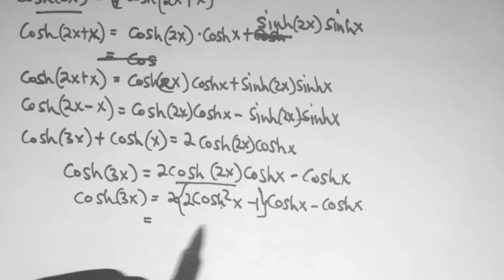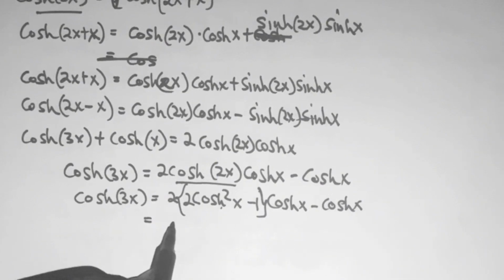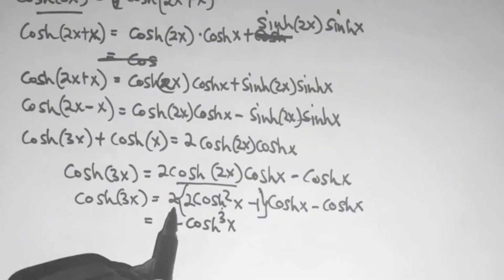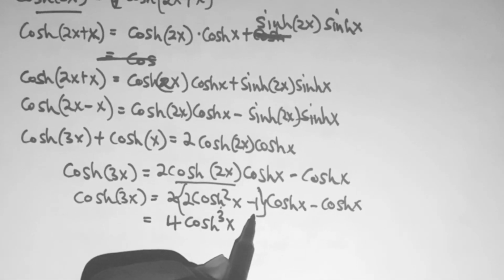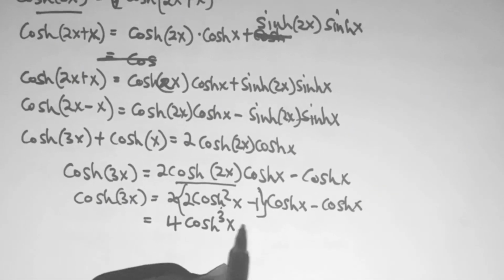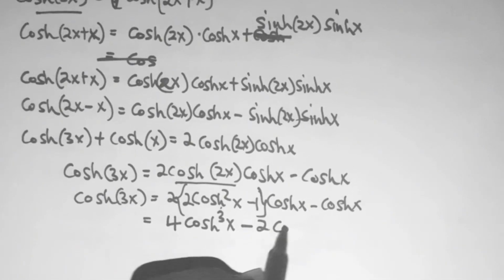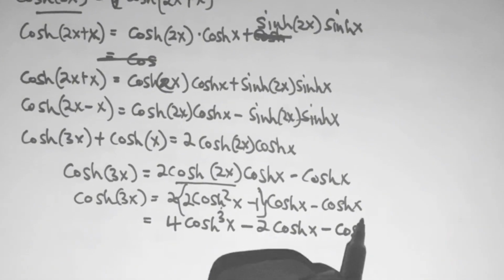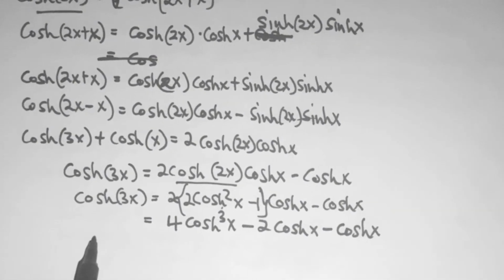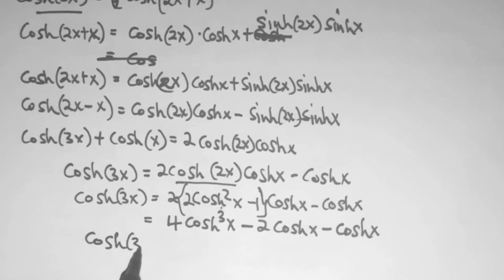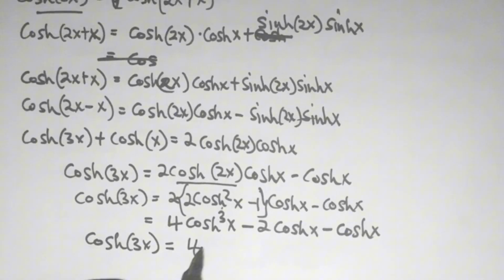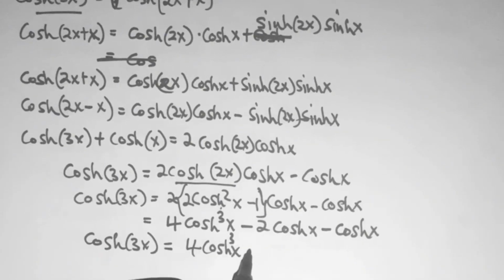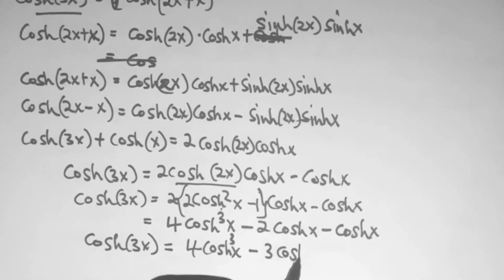Cos squared x times cos x is cos cubed x. So there becomes 4 cos cubed x. Then 2 times minus 1 is minus 2 times cos x. So here becomes minus 2 cos x minus cos x, and therefore cos 3x is equal to 4 cos cubed x then minus 3 cos x.